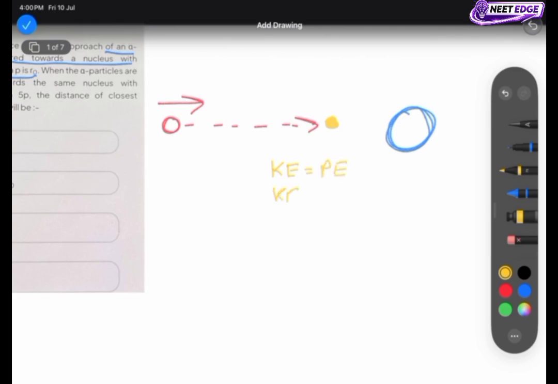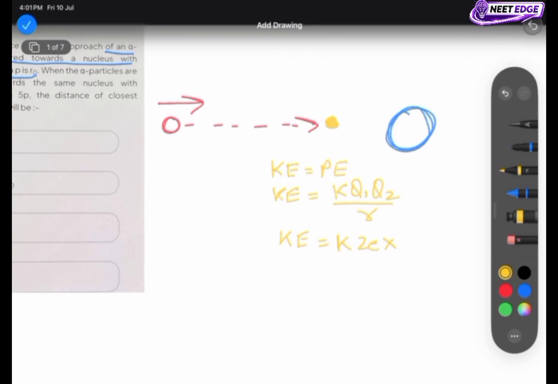We know the formula of potential energy is K Q1 Q2 upon R. Here Q1 and Q2 are the charges of the nucleus and the alpha particle, and R is the distance of closest approach. So kinetic energy will be equal to K times the charge of the alpha particle, that is 2e, times the charge of the nucleus.